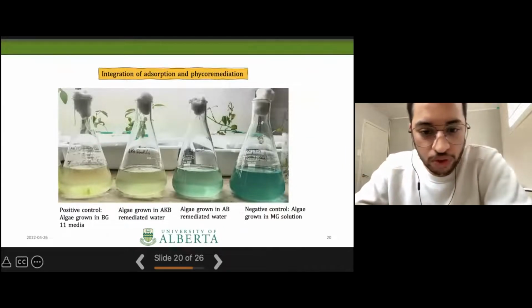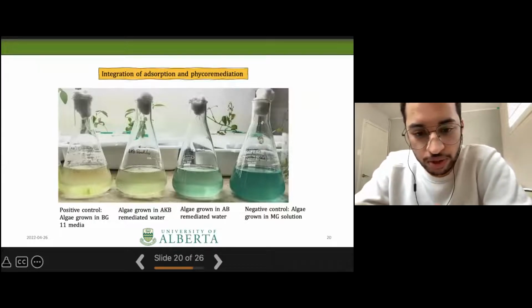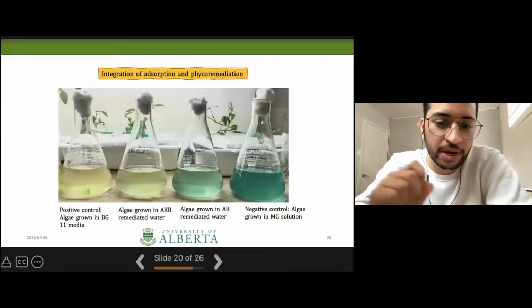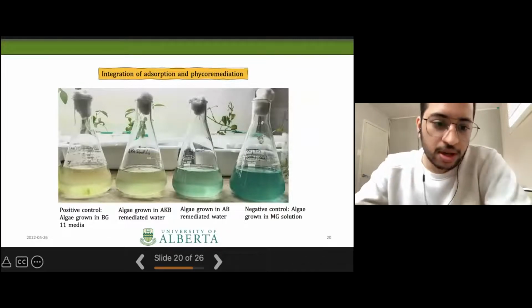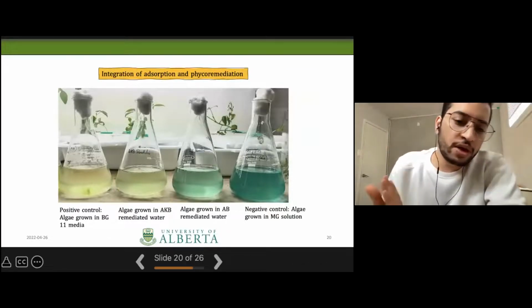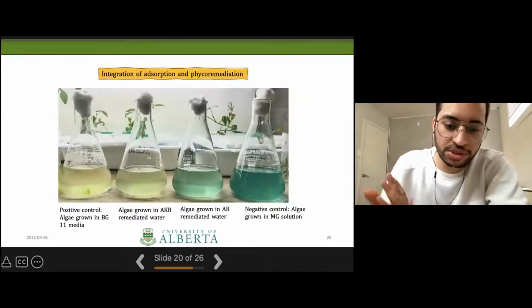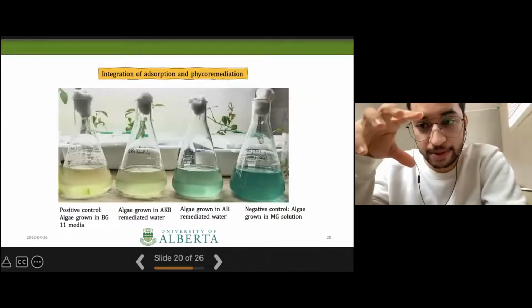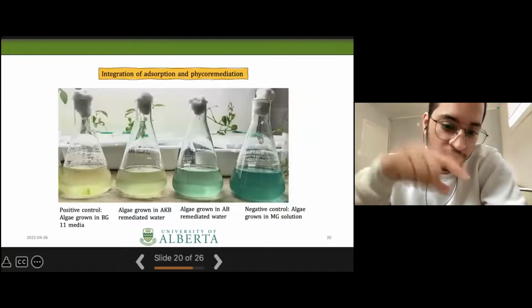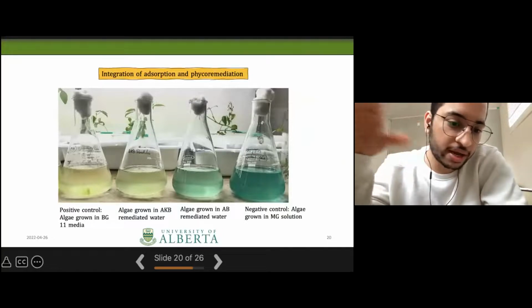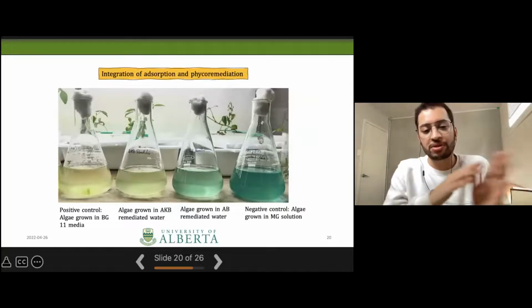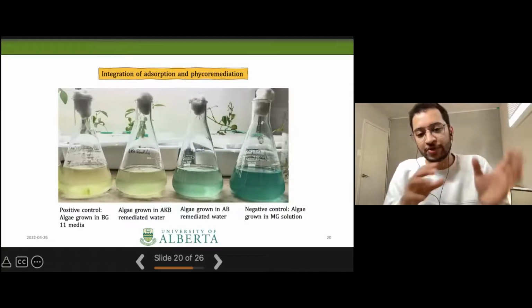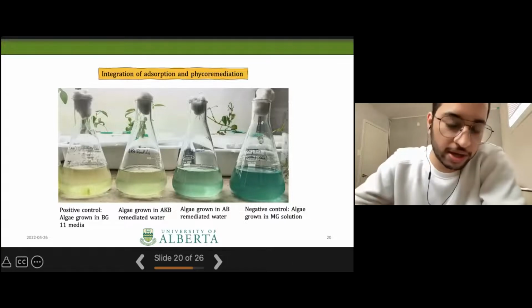In the negative control, we have used algae grown with BZ11 media, but instead of fresh water, we used pure malachite green solution. And we have also used, instead of fresh water, AB remediated water and AKB remediated water. So after performing the adsorption experiments, we have utilized the water to grow the algae.